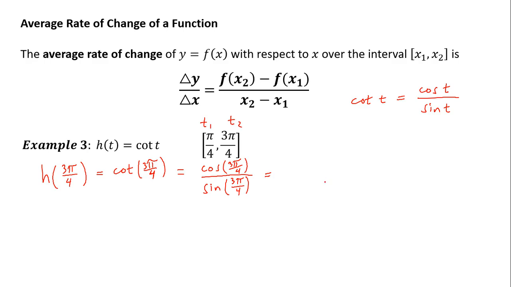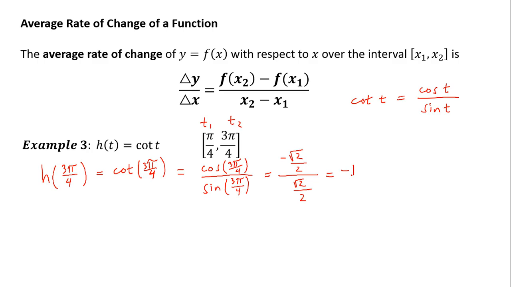Okay, so cosine 3 pi over 4 is equal to negative square root of 2 over 2, divided by sine 3 pi over 4, which is equal to positive square root of 2 over 2. So obviously this is equal to negative 1.